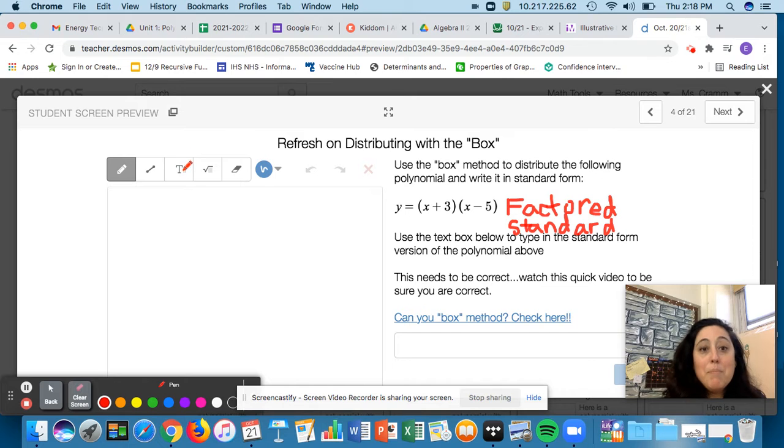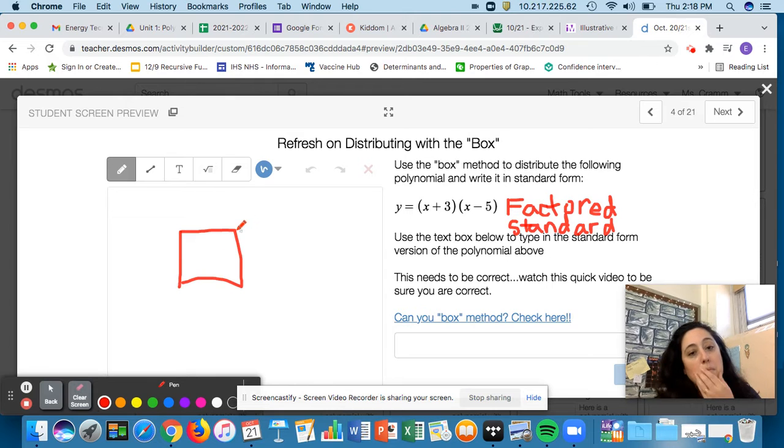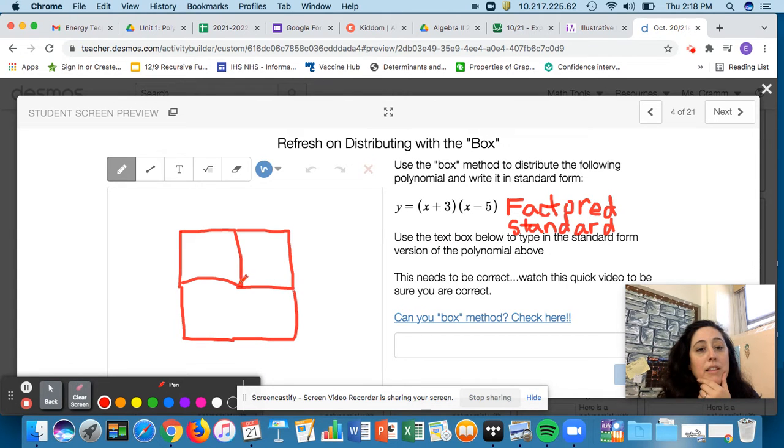I'm guessing that this might be one that a lot of you are skipping. But the box method is just a way that we can multiply this.